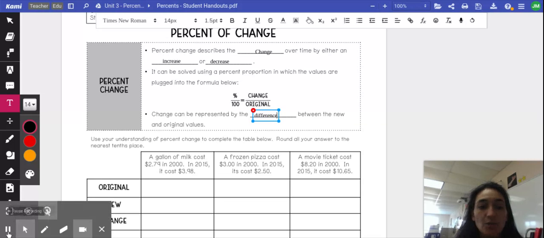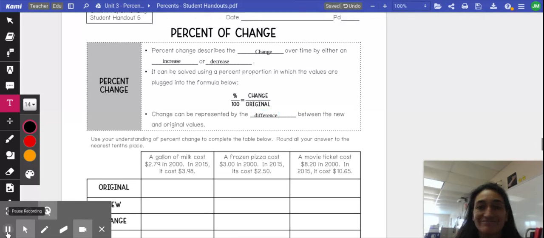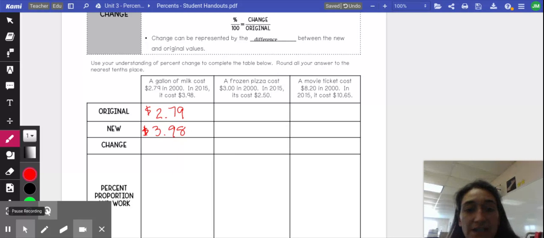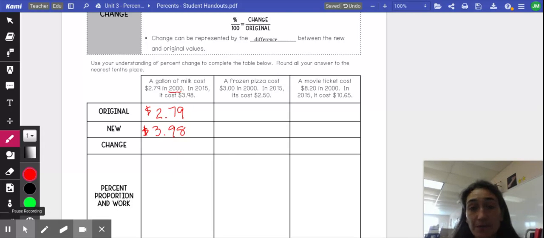Okay. So we're going to go ahead and look at some different examples down below and kind of talk you through this. The first step is going to be using the information that they're talking about. Now, this is an example using a gallon of milk. Back in 2000, which would have been the original price, it cost $2.79 for a gallon of milk. As we move forward in time, the new price is $3.98 in 2015.